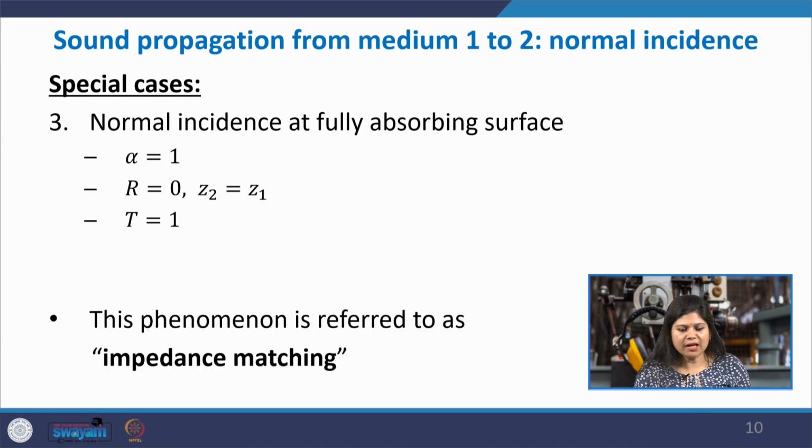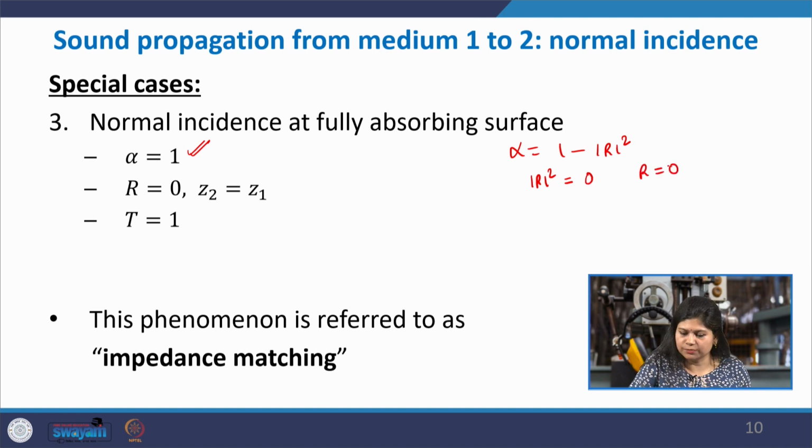Now, the third and the last case is that suppose the sound waves are incident at a fully absorbing surface, that is when the absorption coefficient of that surface is equal to 1. In that case alpha is 1 minus mod r square, and alpha itself is 1, which means that mod r square is equal to 0. So, r would be 0.